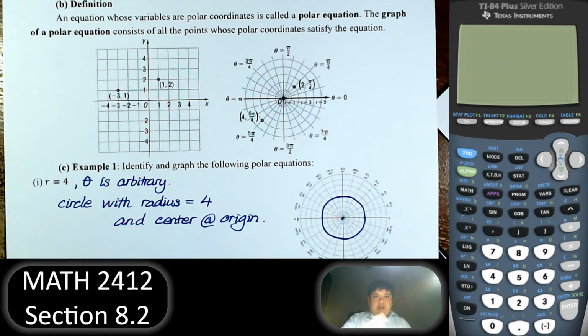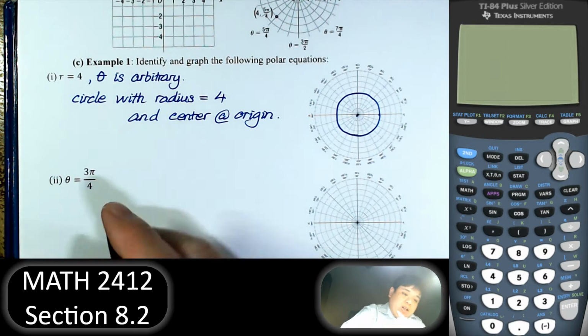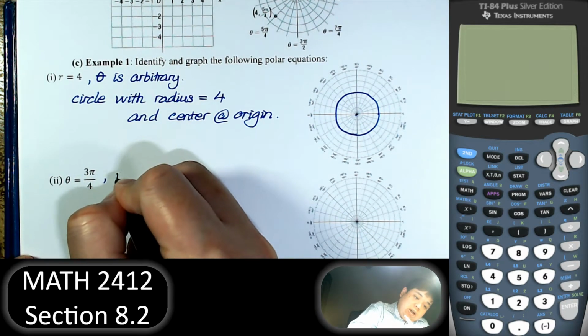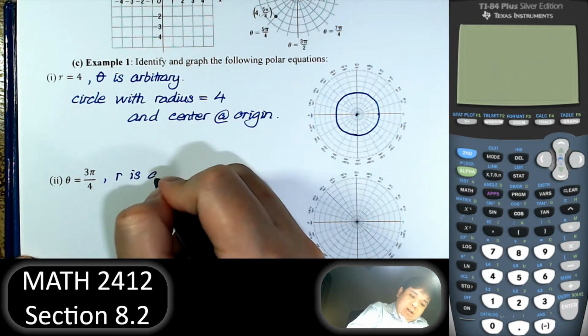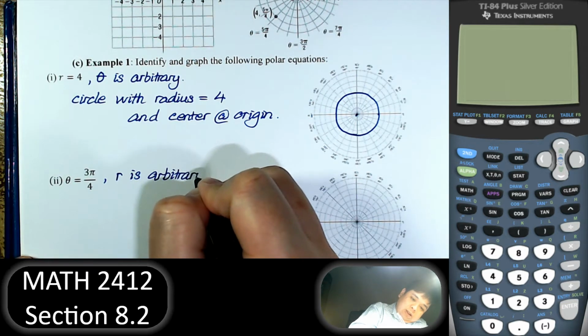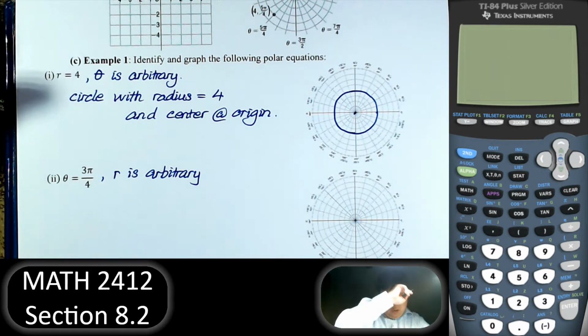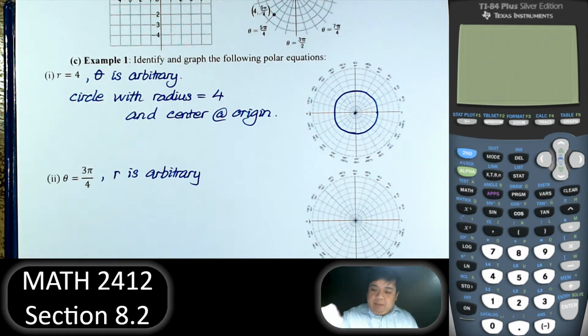Right? Straightforward. Next, theta equal to 3 pi over 4. In this one, r can be anything because it is not in the equation. So we can say r is arbitrary. By the way, if we want to write the r equal to 4 equation in rectangular coordinates, we can do that too.